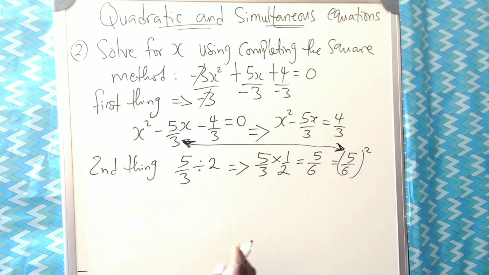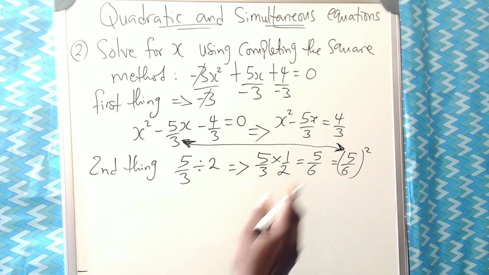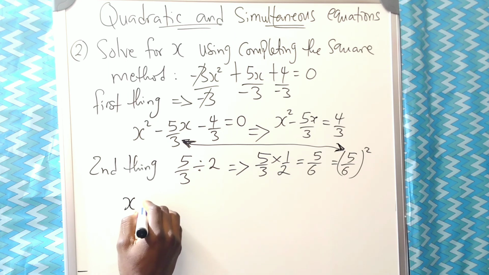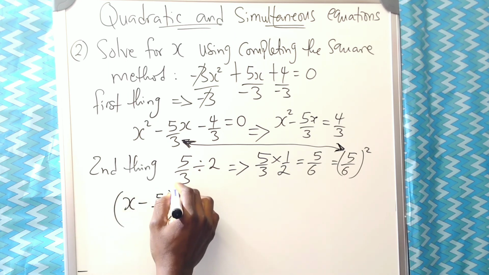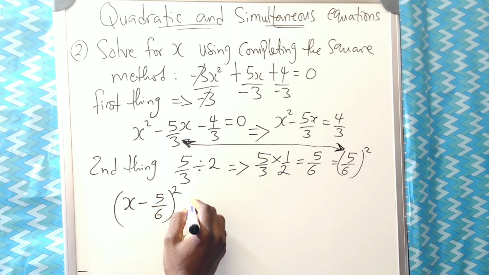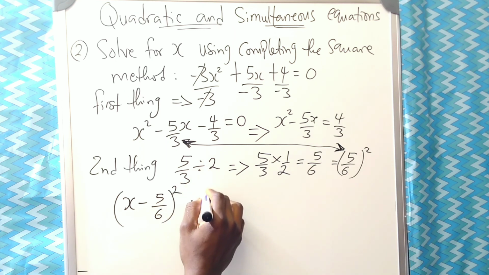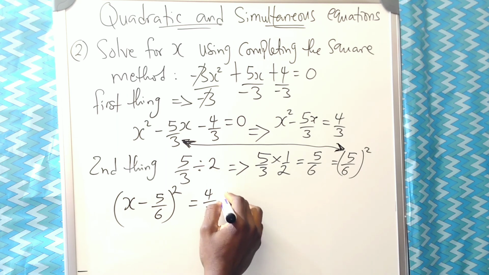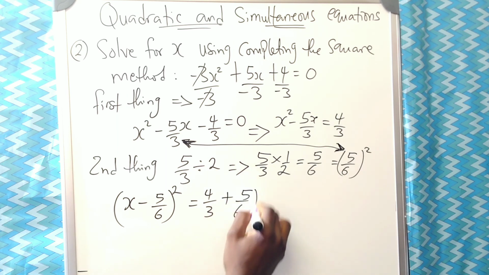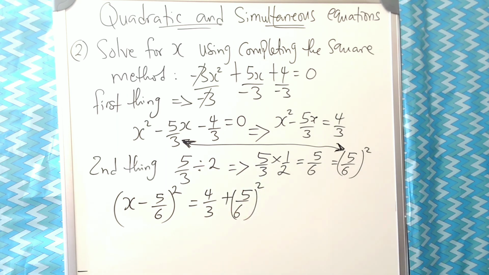Just get the half of the coefficient of b and replace the original coefficient of b. So we have x minus 5 over 6 altogether squared equals 4 over 3 plus 5 over 6 squared.